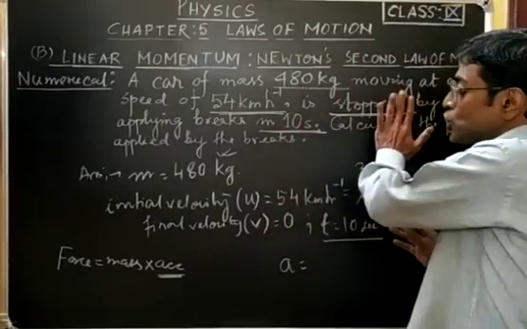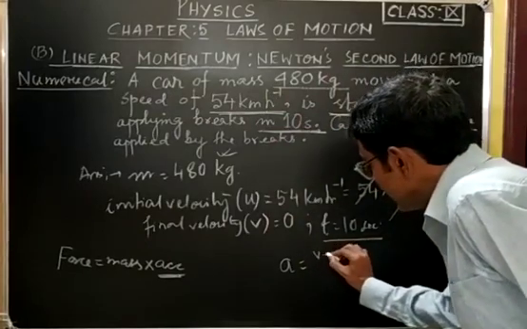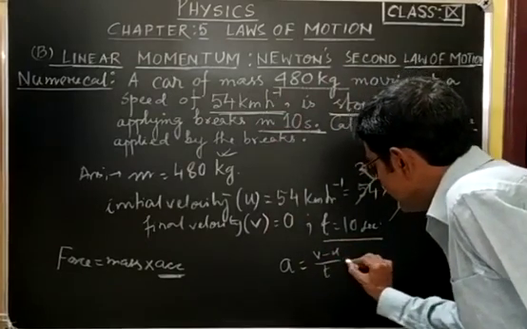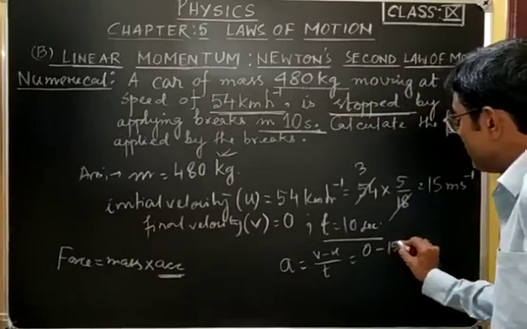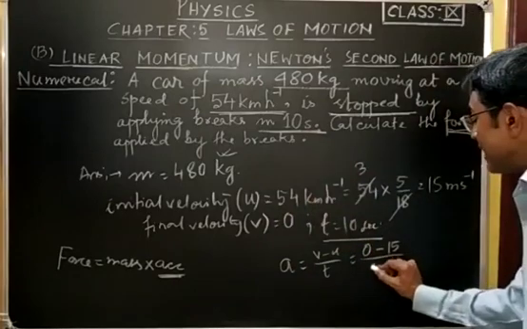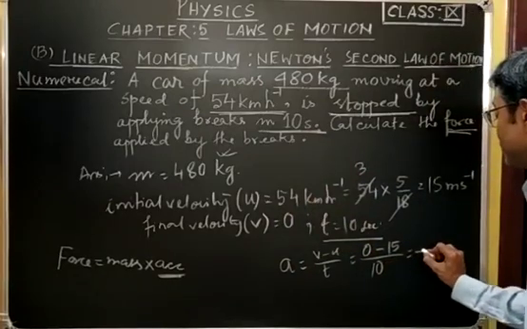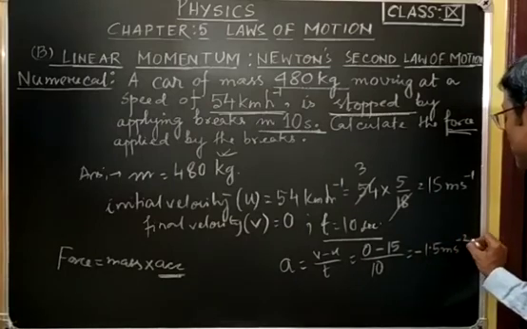As the car stops, it is retardation. So v minus u by t, v is 0 minus u, it is initially moving with 15 meters per second and the time taken to stop the car is 10 seconds. So that gives me minus 1.5 meters per second squared.